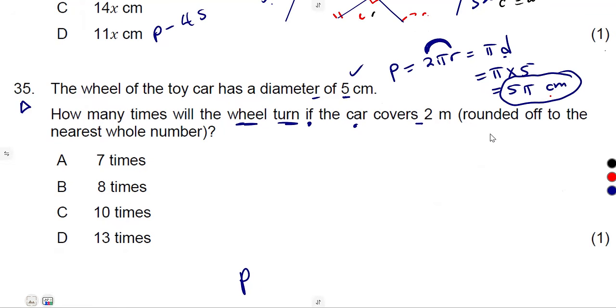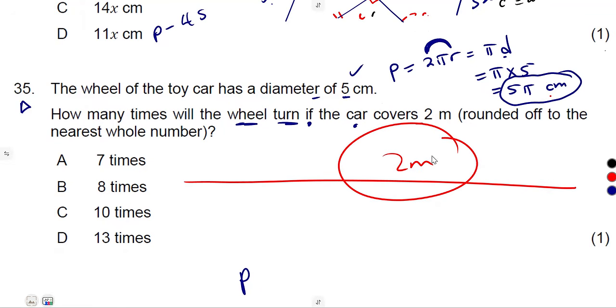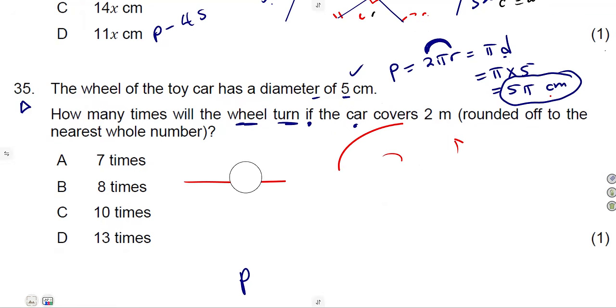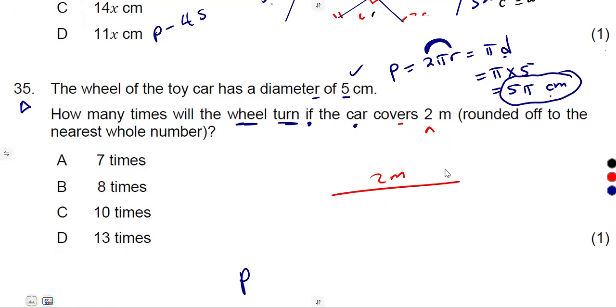So in a line which is 2 meters, to cover that distance, you must divide. How many times? So it's 2 meters over 5 pi centimeters. These units cannot work; they are not the same. We cannot divide under such a condition.